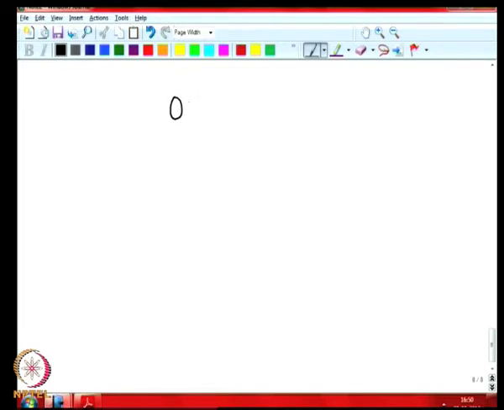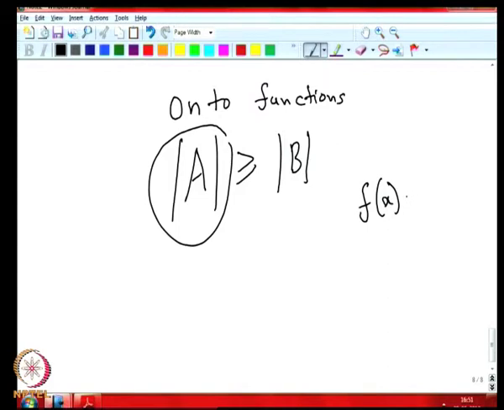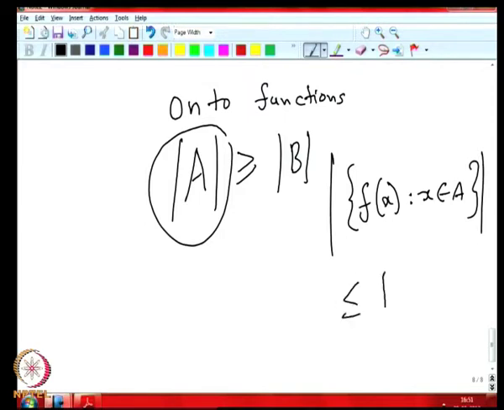Now, talking about the situation of onto functions, it is clear that the number of elements in A should be at least the number of elements in B, because if every member of B gets a pre-image, there should be at least as many members in A as there are in B. So, for instance, if you count the set of f of x, x an element of A, its cardinality can be at most the cardinality of A, because for each element of A we get one value.